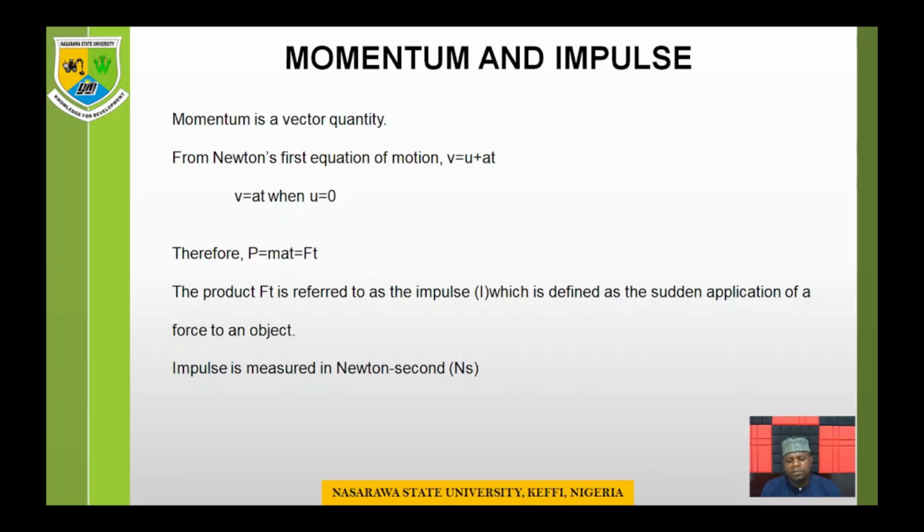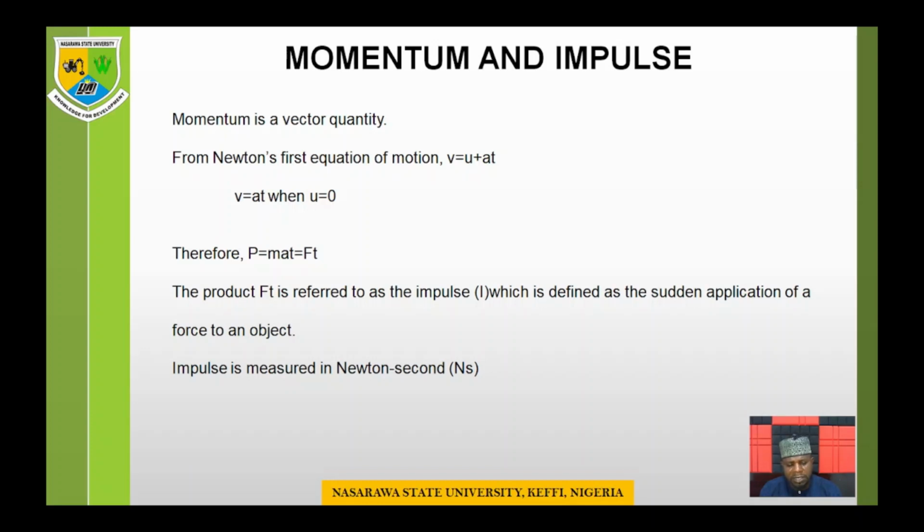The product Ft is referred to as the impulse I, which is defined as the sudden application of a force to an object. So if an object is moving, and then there is a sudden application of a force, then that object is bound to have impulse.